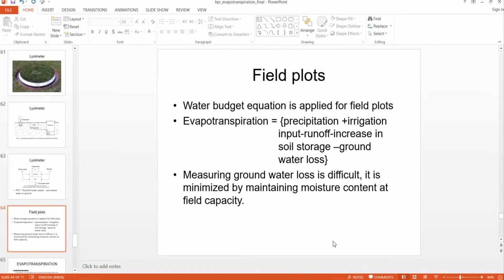Suppose the reservoir is full, we can go for plants which have higher evapotranspiration, but during water scarcity we can go for harvesting only plants which have lower water requirements. Therefore, these evapotranspiration measurements are important.